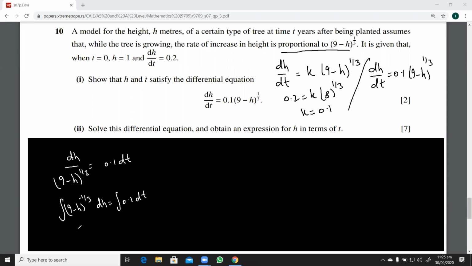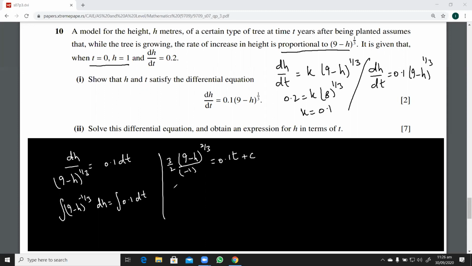So this is going to be (9 minus h) to the power minus 1 over 3 plus 1, which is 2 over 3. Its reciprocal is 3 over 2. And there has to be a minus 1 as well, that is the derivative of 9 minus h. That is equal to 0.1 t plus c. Let's use t equal to 0 and height 1 to find c.